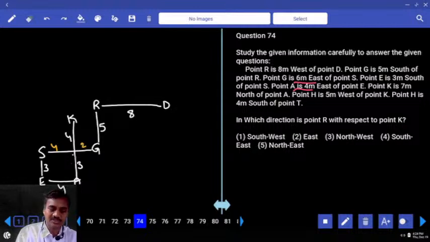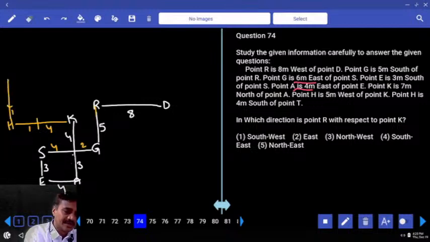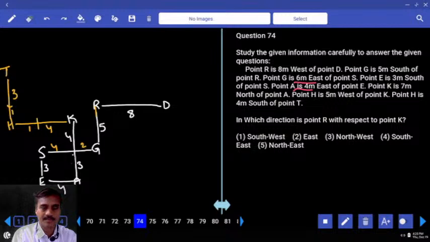And H is 5 meters to the west of K. Now up to here the distance is 4 and this is 1. And H is 4 meters to the south of T. Out of these 5, 1 is already completed, 1 is left over here, and the remaining is how much? 3. Clear?